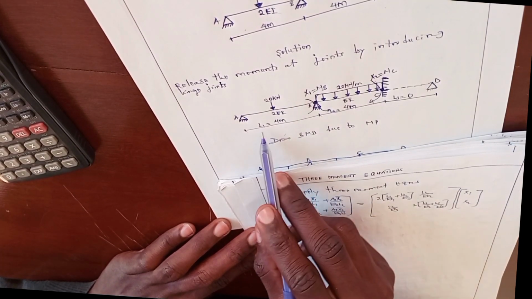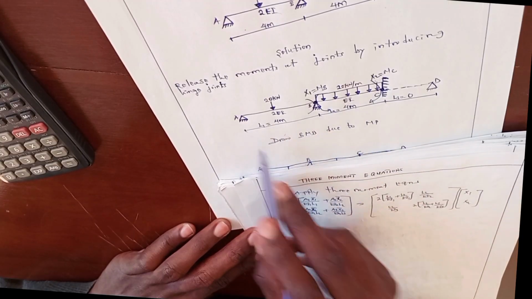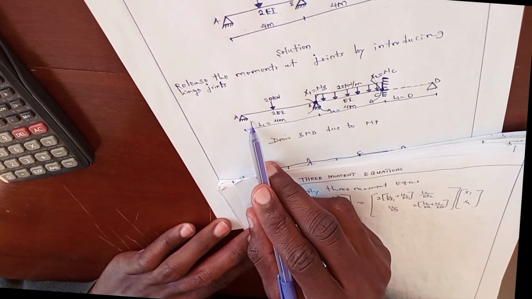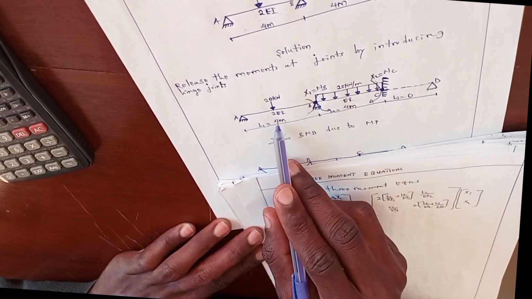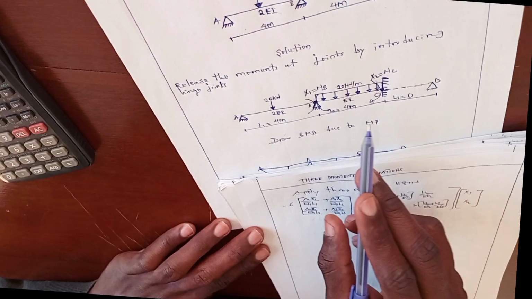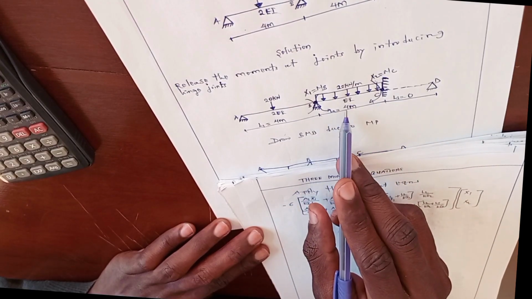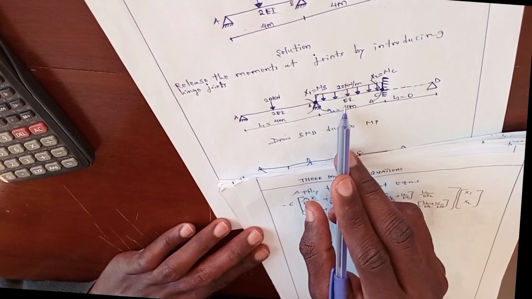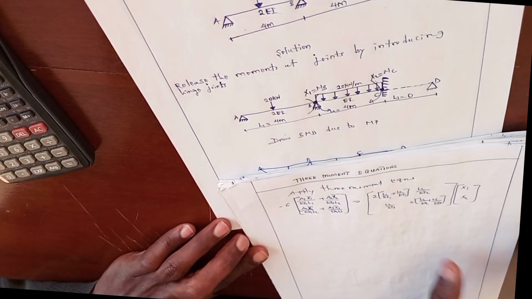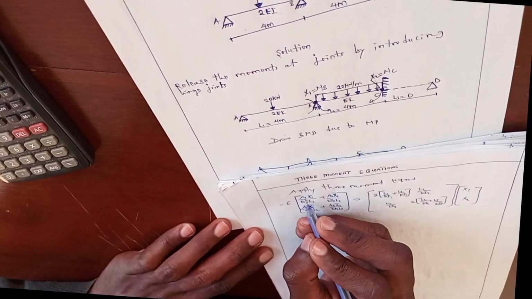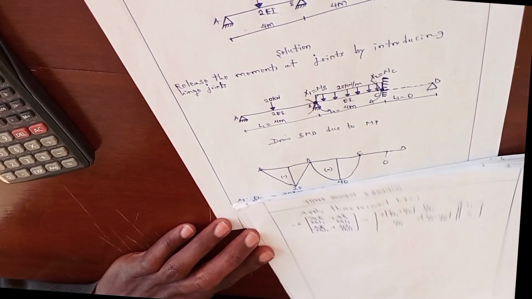EI is the stiffness of the beam system. EI1 is the stiffness for member AB, which is equal to 2 EI. For member BC, its stiffness is equal to EI. Now, how to obtain area 1 and its centroid?